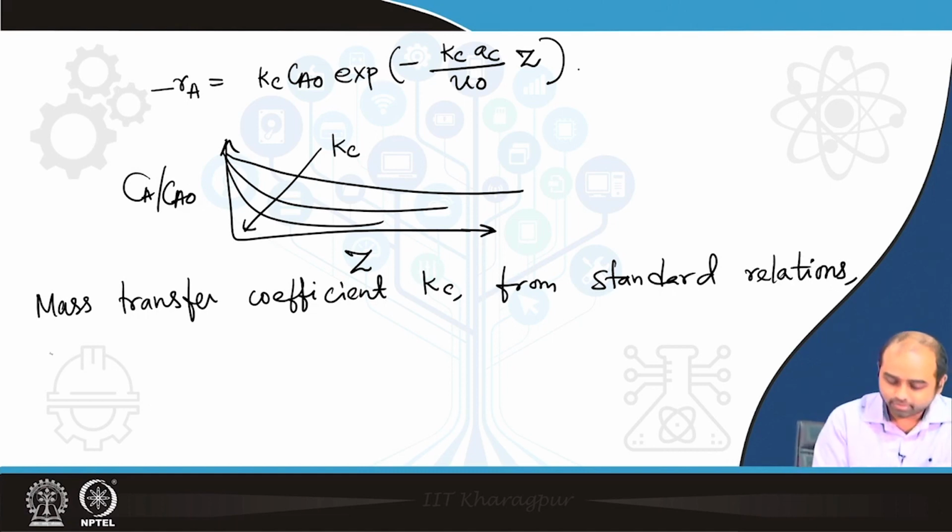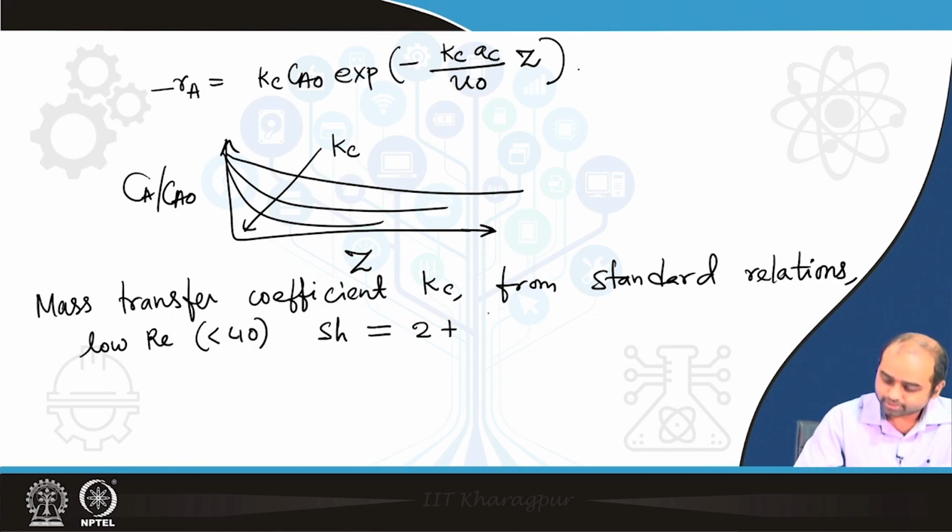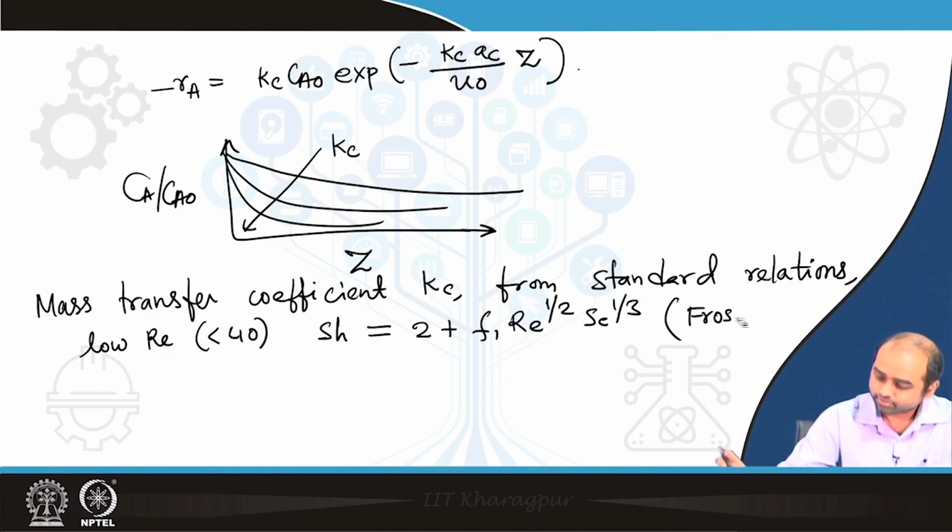These are some of the popular ones. For low Reynolds number, typically less than 40, you have this relation of Sherwood number as 2 plus some factor which depends on the shape and size of the catalyst particles or the packed bed particles. So, this is known as the very popular Frossling relation for estimating mass transfer coefficients in packed bed.